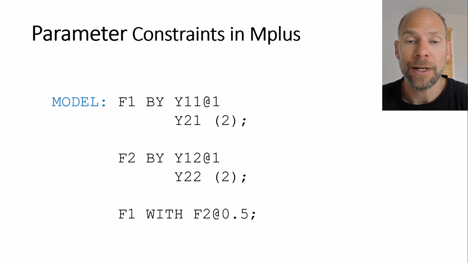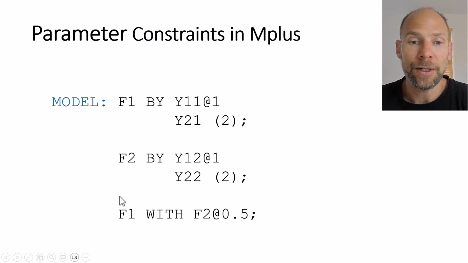So here I just used the number 2 for the second loading, and since I'm assigning the same number 2 to the loading lambda 2 for y22, this loading will be set equal across factors.